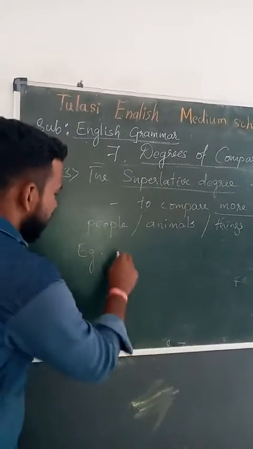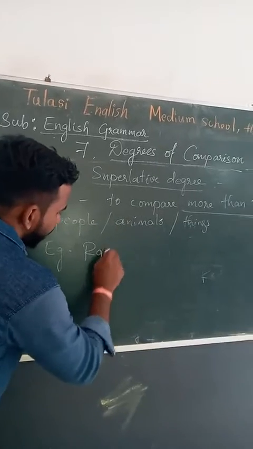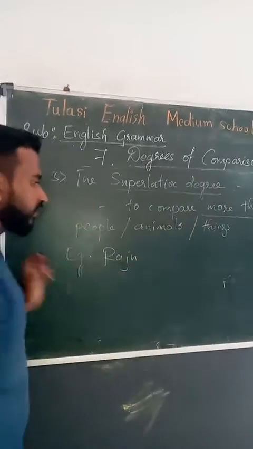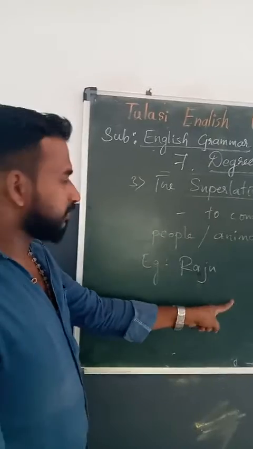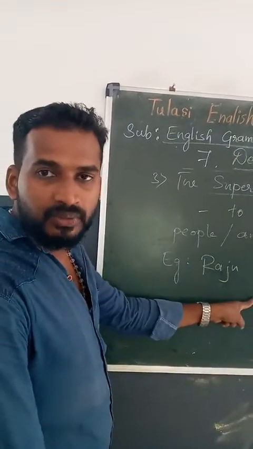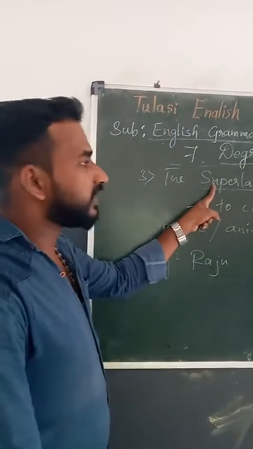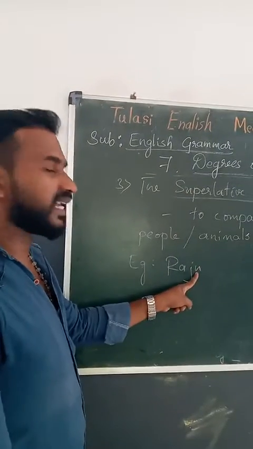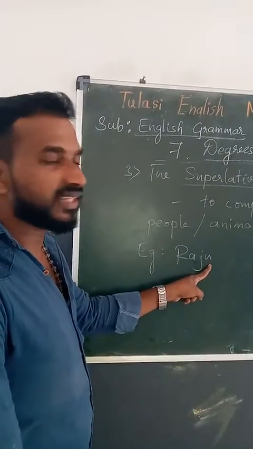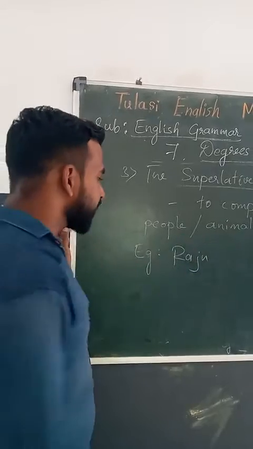Example, the same example I am taking, Raju. In the positive degree, we took the example as Raju is a tall boy. In the comparative degree, we changed it as Raju is taller than Ravi.